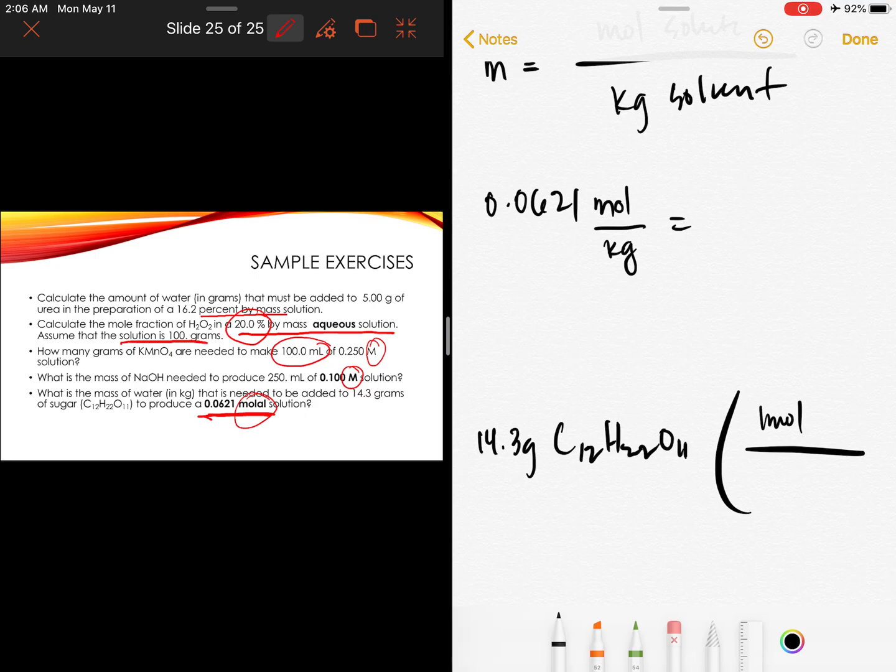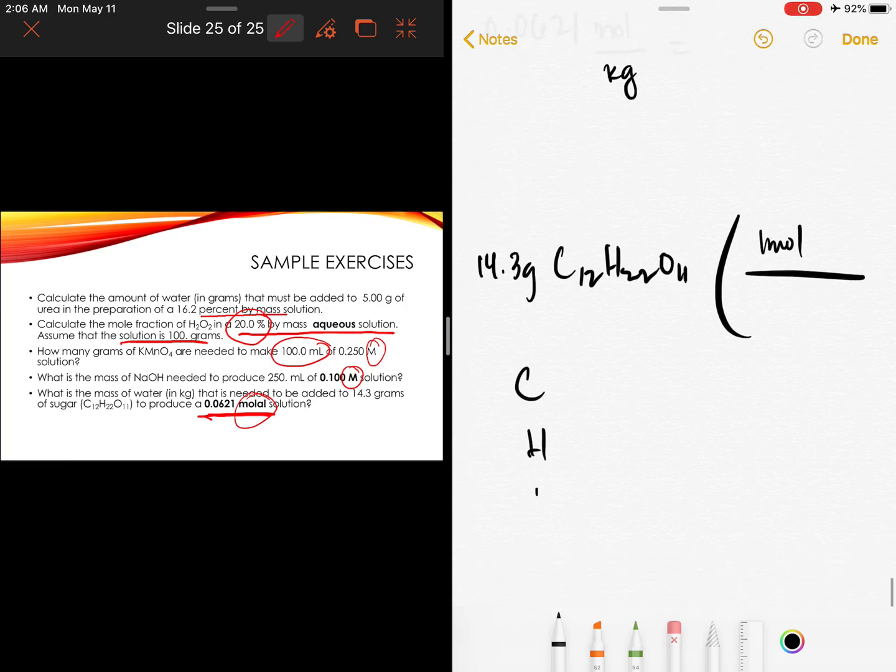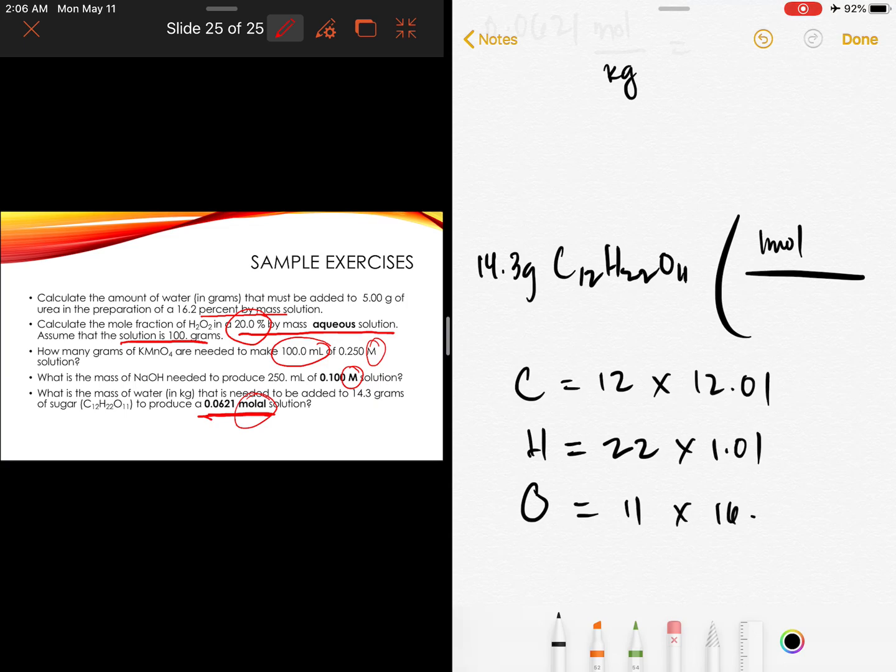Get the molecular mass of this compound. I'll break it down so you can be refreshed on how to get the molecular mass of compounds. Carbon has 12 atoms, hydrogen 22, oxygen 11. Multiply these by their atomic weights: 12.01, 1.01, and 16.